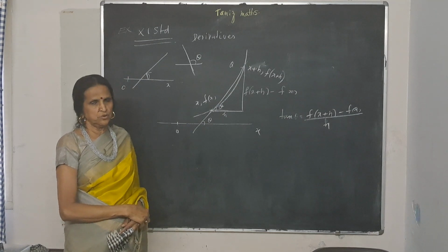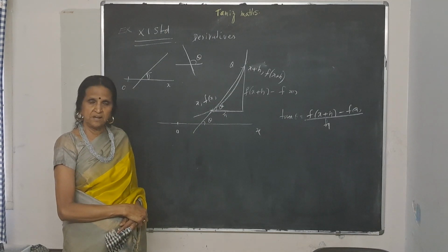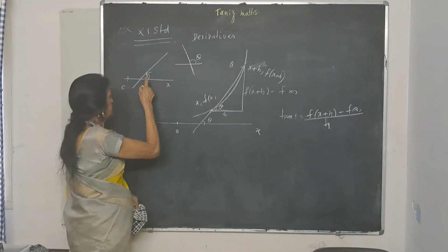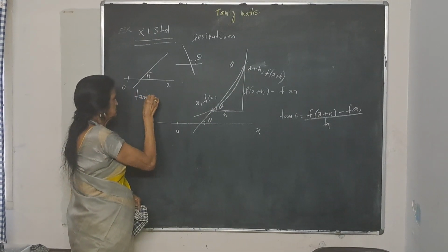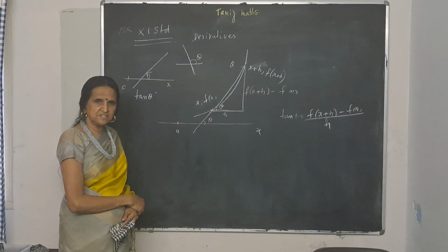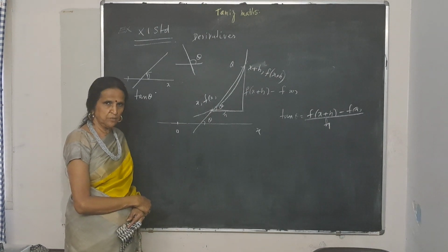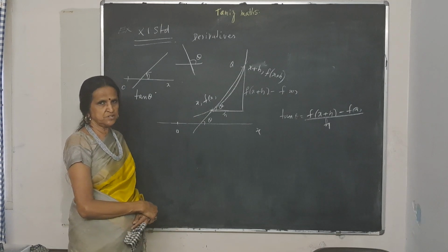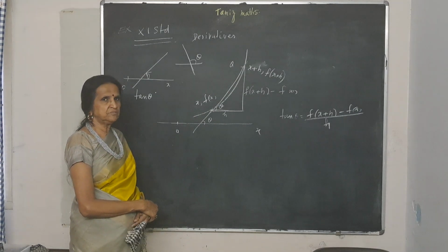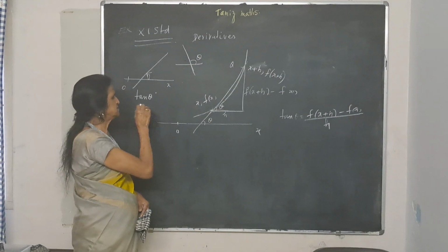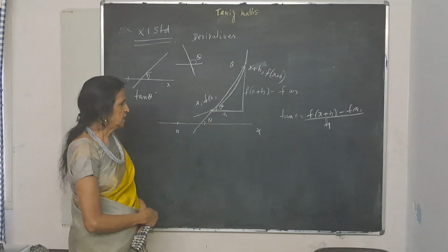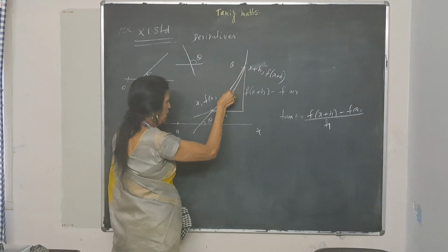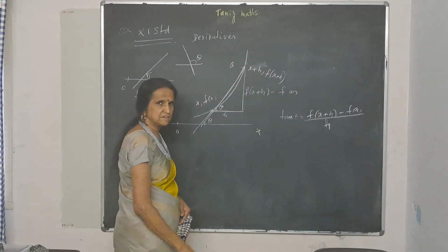Of course, we don't go to the deeper meaning of all that, but we just say tan theta is the slope. Now, this is the slope of the secant line.